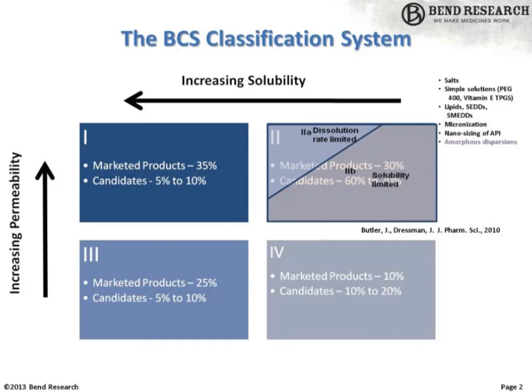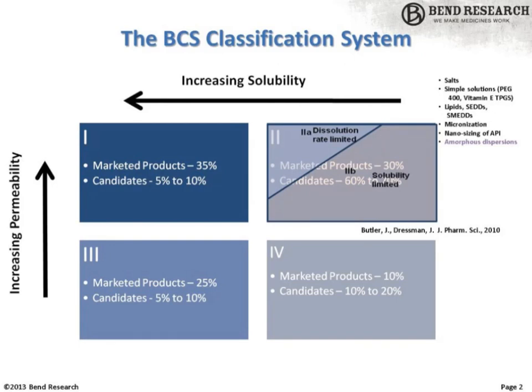So a challenge facing the pharmaceutical industry currently is really around the increasing number of compounds that are classified in the Biopharmaceutics Classification System, or the BCS system, as BCS Class 2, where solubility is really the driving issue. And you can look at a number of solutions that are provided from the literature and even commercial products where pharmaceutical compounds are formulated as salts.